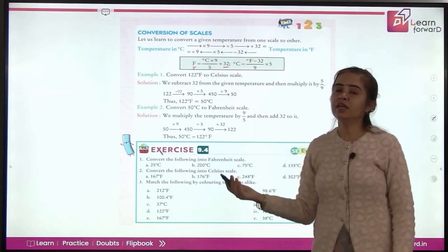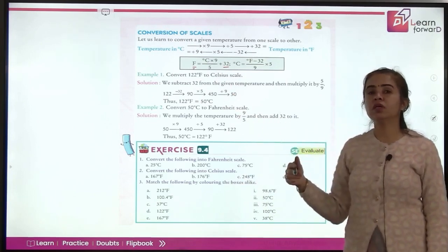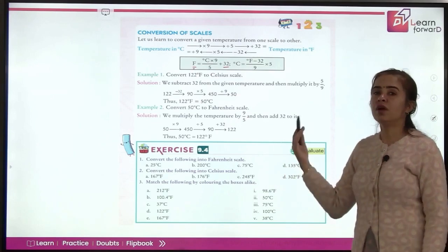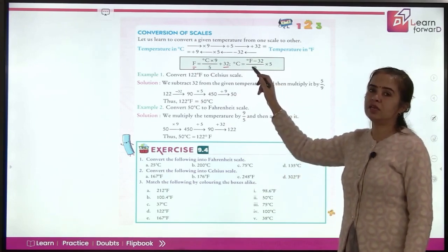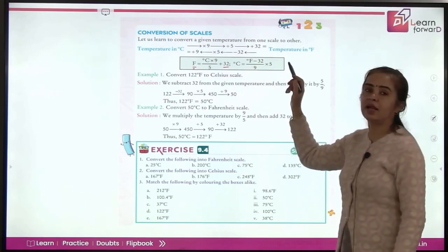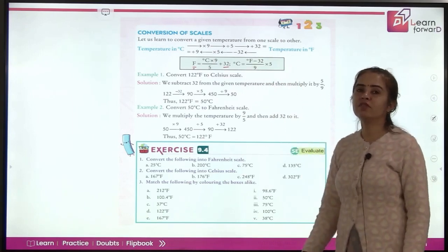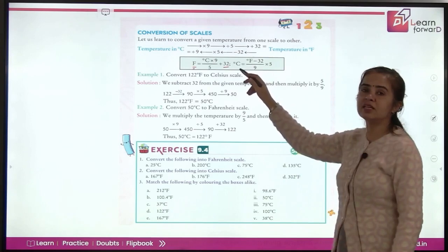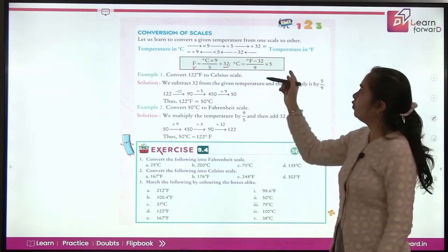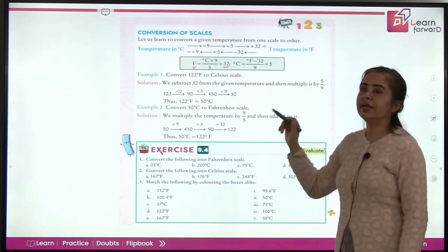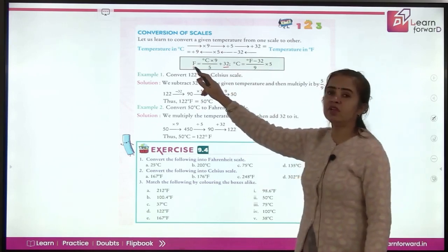But if you have the temperature in Fahrenheit, you have to convert it into Celsius. What you have to do? First, you will subtract 32 from that Fahrenheit temperature, then divide it by 9 and multiply it by 5. So this gives you degrees F minus 32, by 9, times 5. If you learn any one of them, you can get the other. See how? F is already here.